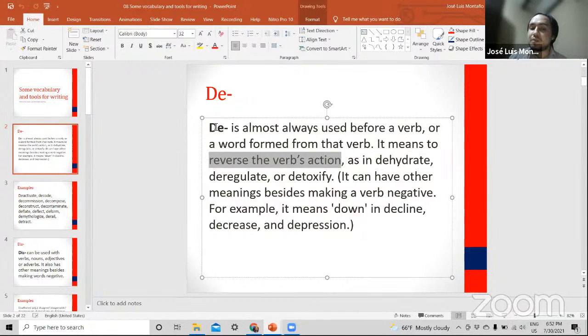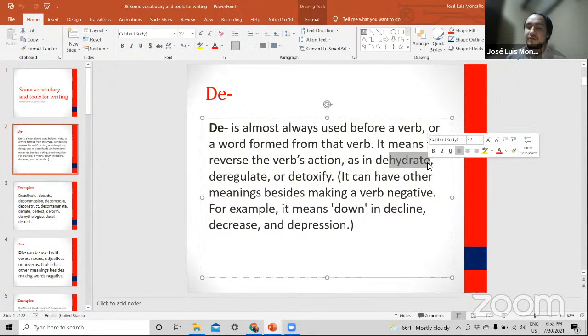The meaning of this prefix is going to be to reverse the verb's action, right? For example, hydrate, right, is to fill your body with water, let's say. And dehydrate is to do the opposite, right? To reverse that process. So your body is going to lose water, dehydrate.